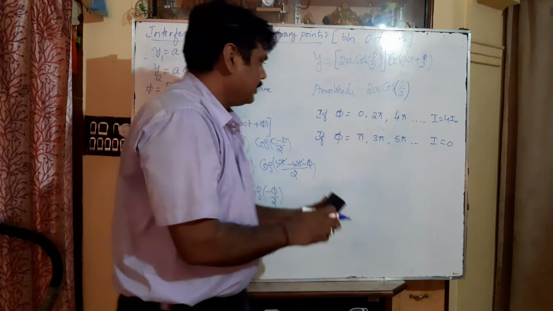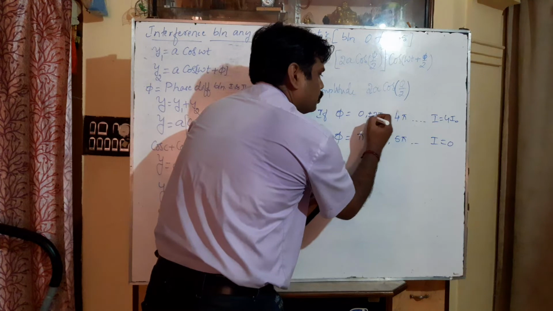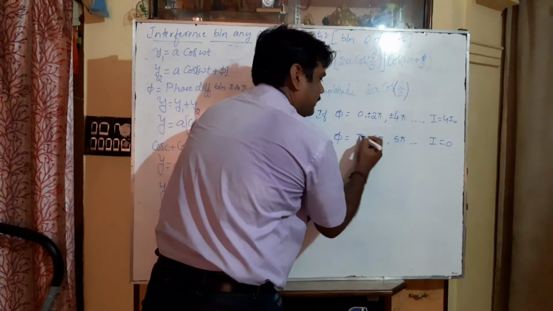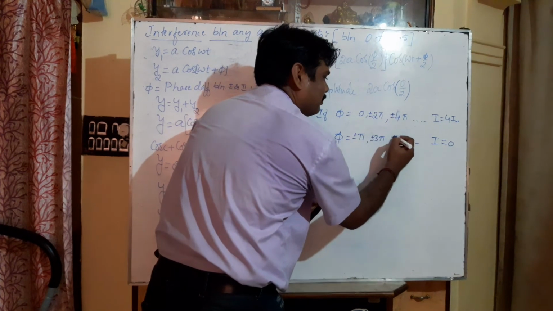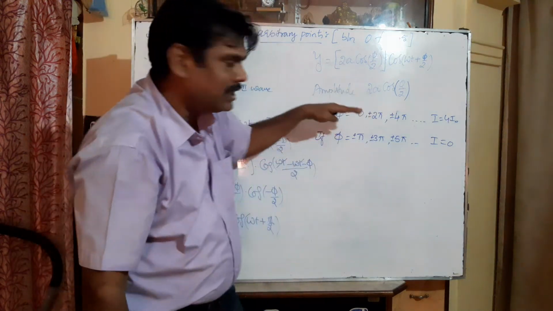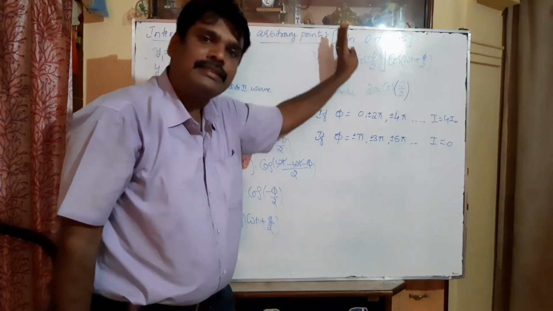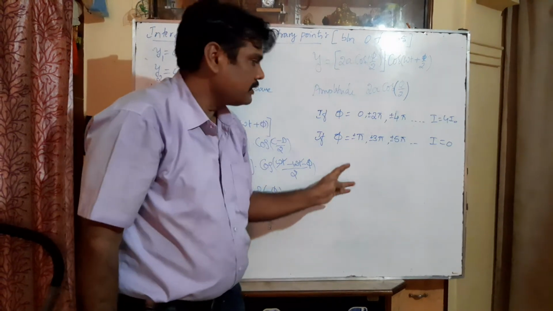Clear now? So the phi value varies from 0 and belongs to both positive and negative, I can say plus or minus. Because from the central maxima, if you move upward, positive value, there also you will get constructive and destructive. Downward also constructive, destructive.